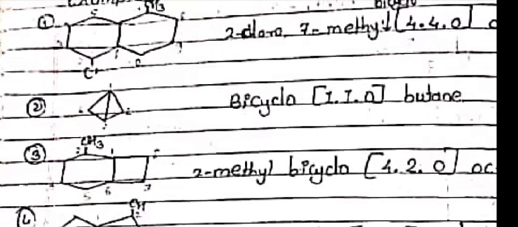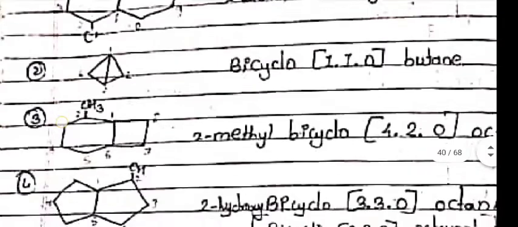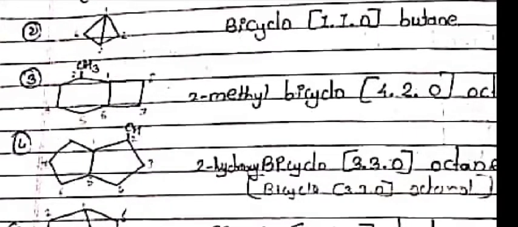Next, the compound is also bicyclo, but here the bridges have one carbon and 0 carbons. On the bridgehead there is 0 carbon. The total number of carbons is 1 2 3 4, and 4 means butane. Here there are two ring systems, one with the lesser number and one with the higher number.